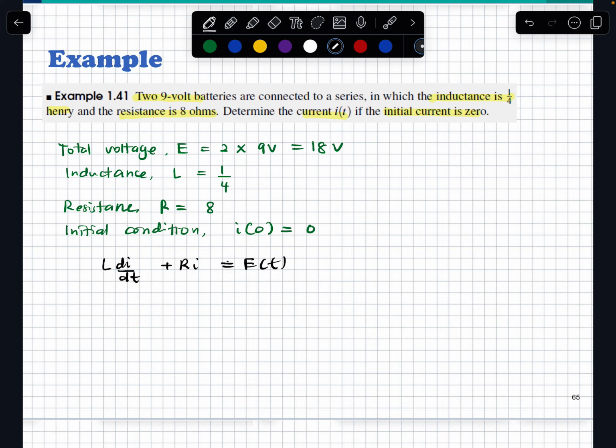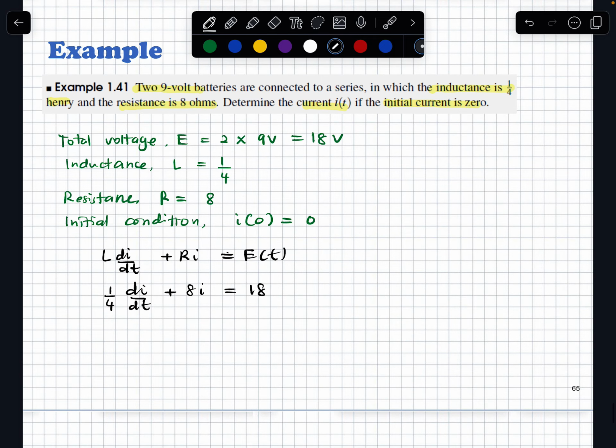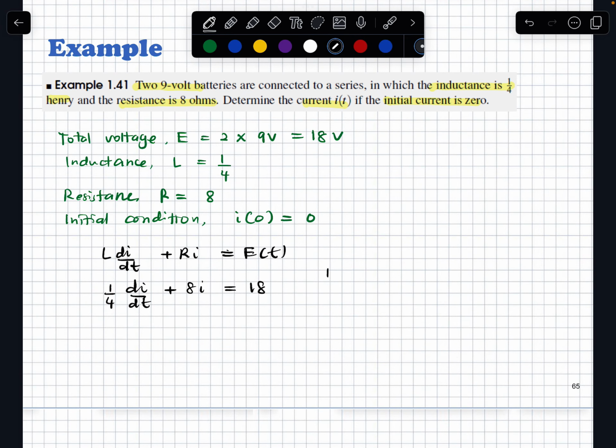Then we substitute the corresponding values where L is 1/4, R is 8, and E is 18. So this is a first order equation. For first order, we can solve by direct integration, separation of variables, or linear techniques. Based on this type of equation, the most suitable technique is the linear technique.